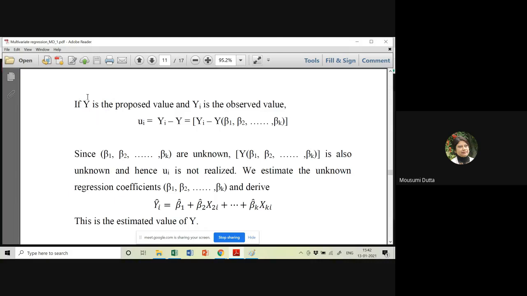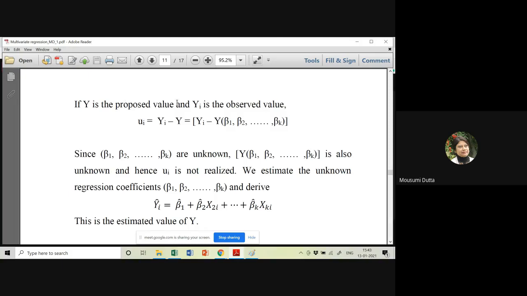There will be no error at all. It is the fixed model which we are getting from the economic theory, like q is equal to a minus bp, or q is equal to a plus bp. This kind of model, there is no error in it.